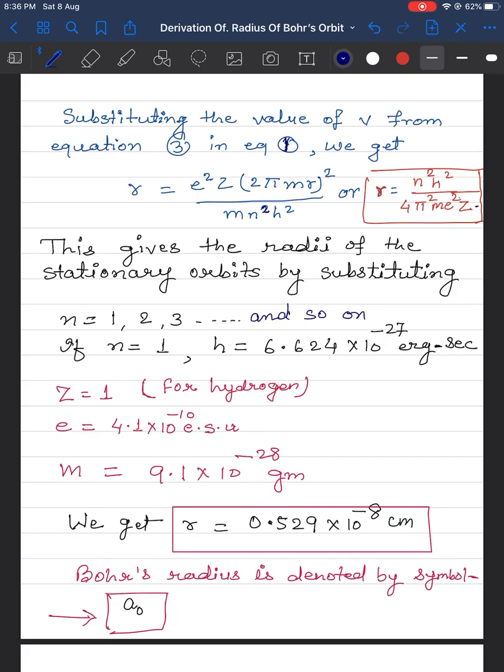This gives the radii of stationary orbits by substituting n is equal to 1, 2, 3 and so on.